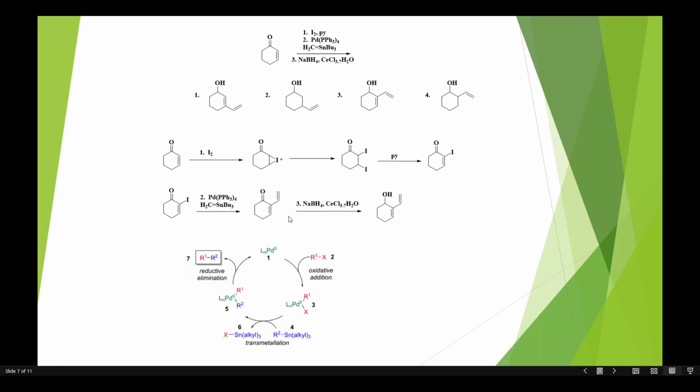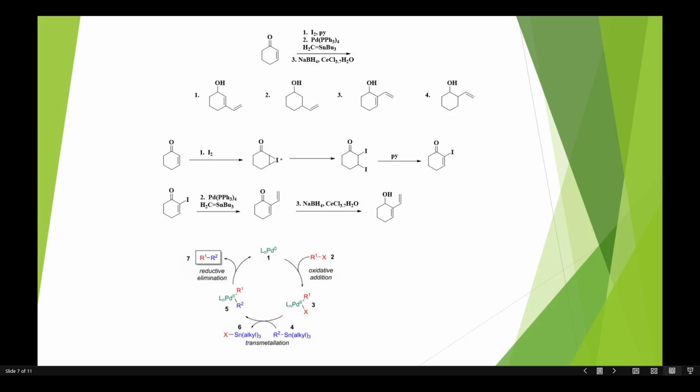The general mechanism for the Stille reaction: the palladium zero source reacts with R1-X, where X is iodine. First it will undergo oxidative addition, then transmetallation with the tin reagent, and after that reductive elimination will happen, and you will get the corresponding coupling product.